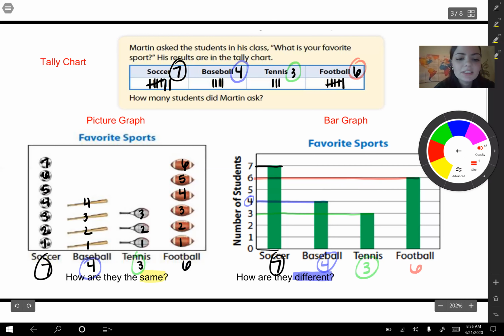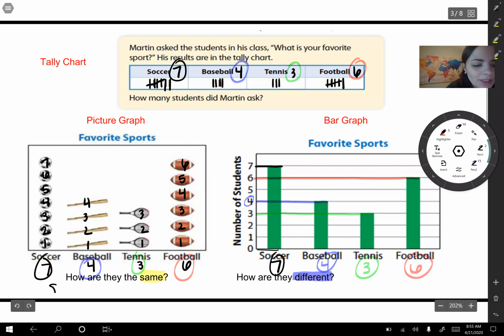Football, we have 6, 6, and 6. So what is the same is they all show the same information. So same information, but what do you think is different? I'll give you a second.